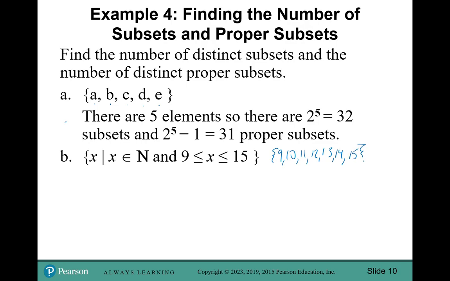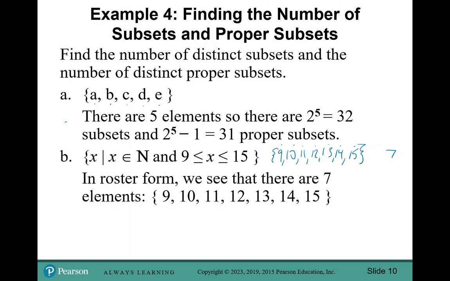By writing it out in roster form, it makes it a lot easier to see the number of elements in the actual set. Here, it's 1, 2, 3, 4, 5, 6, 7. So the cardinality of this set is 7.